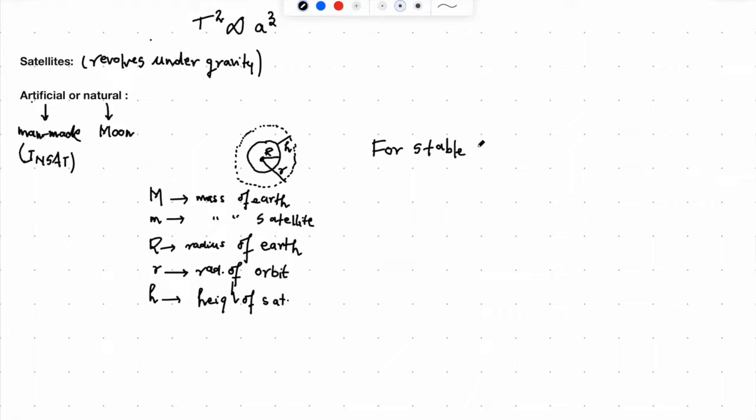For a stable orbit, there should be two forces that are equal and opposite, and these two forces are the centripetal force, and this centripetal force is actually balanced by the gravitational force.